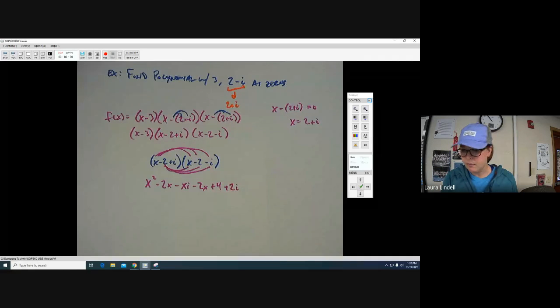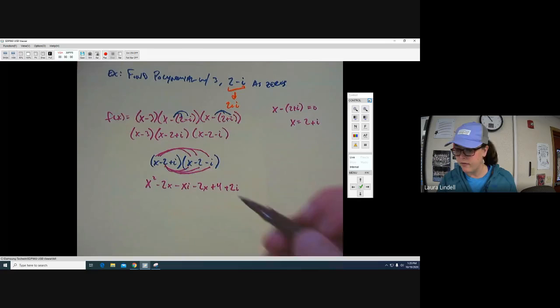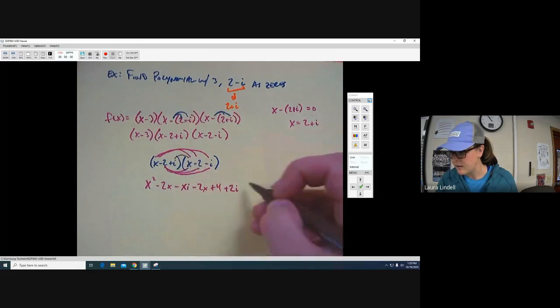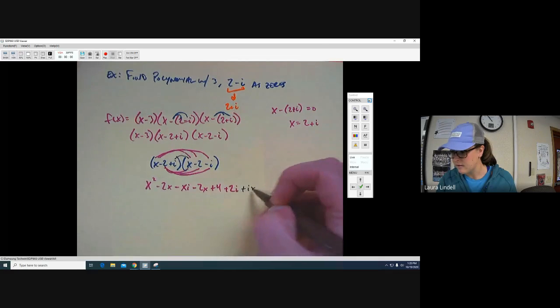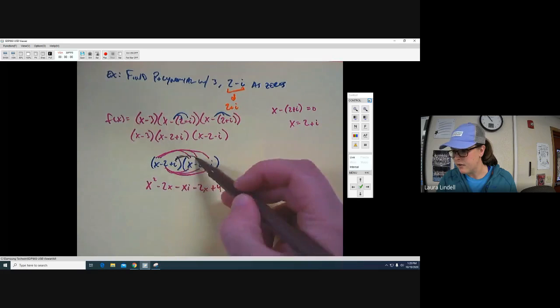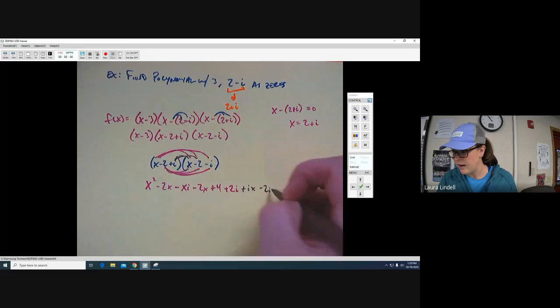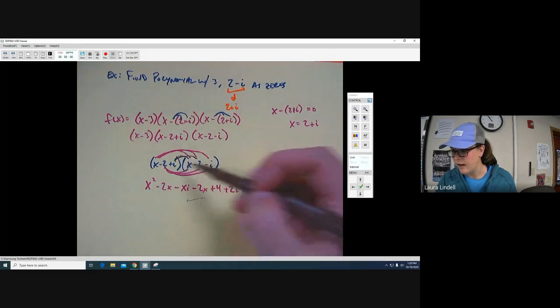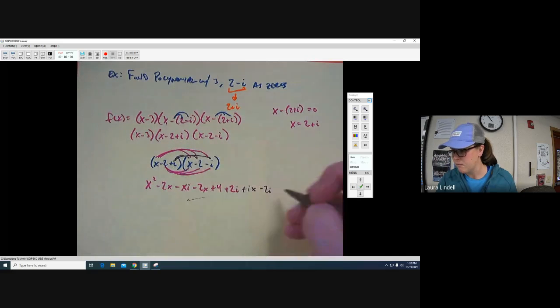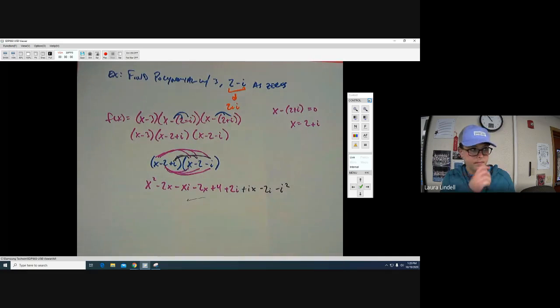Then lastly, we multiply the i through to all of them. So i times x is ix. i times -2 is -2i. And then i times -i is -i squared. Okay. Now we have to simplify. And keep in mind that when we're done simplifying this, there should be no more i's.